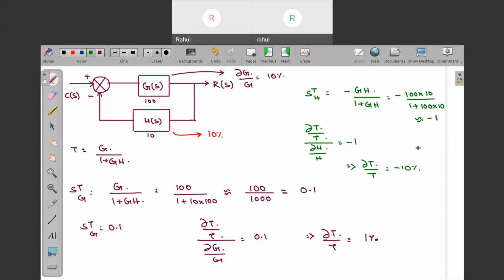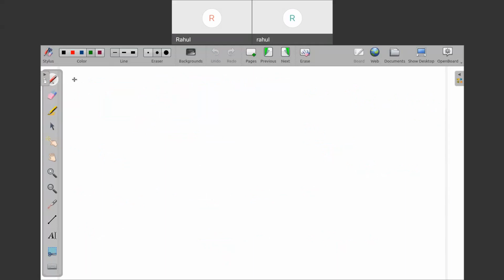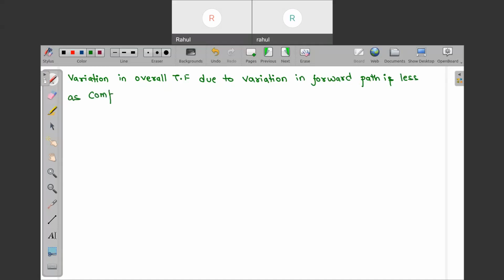Okay. So remember this, that your variation is very less. If you want to write one statement: variation in overall transfer function due to variation in forward path is less as compared to variation in feedback path.